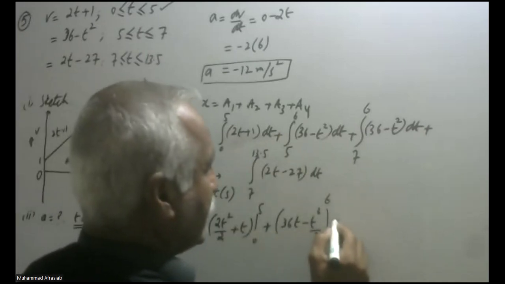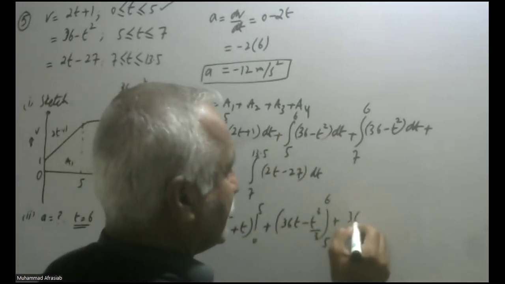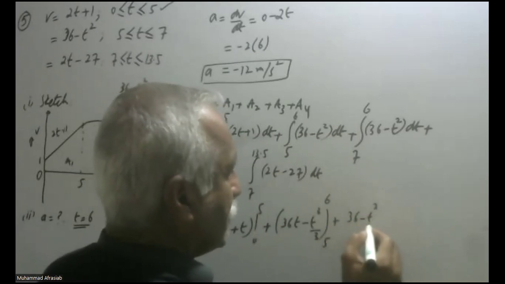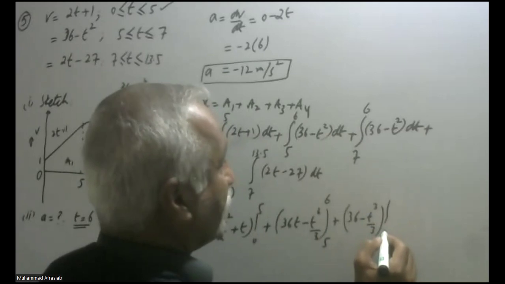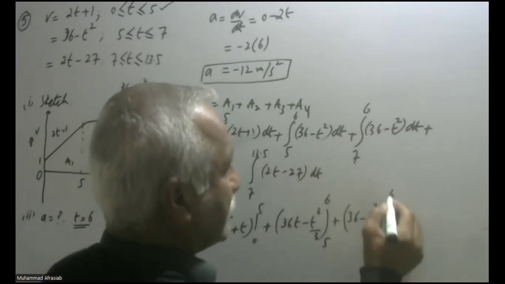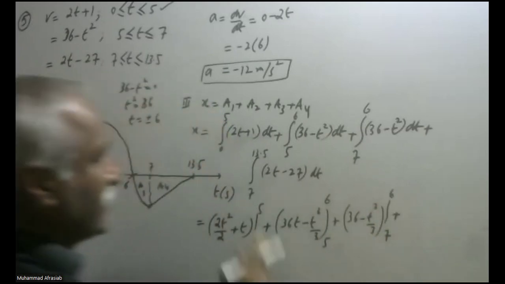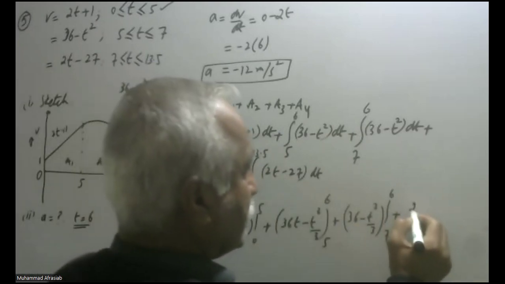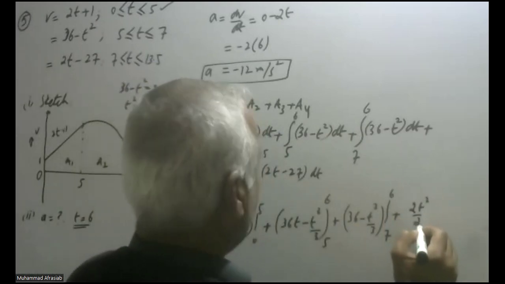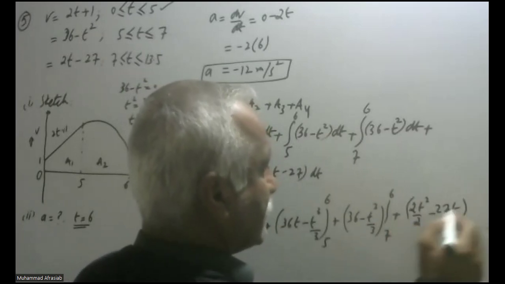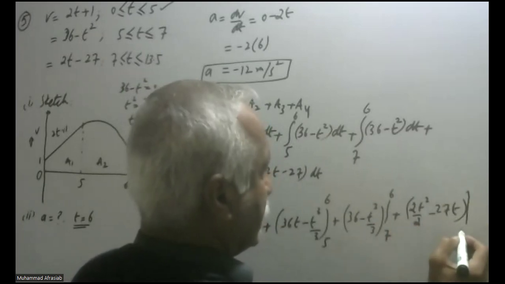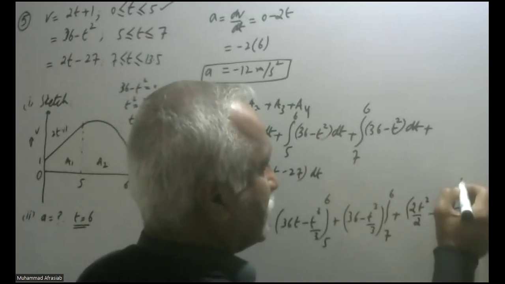Then for this curve, again 36t minus t cubed over 3, and the limits are from 7 to 6. And for the last part, it is 2t squared over 2 minus 27t, and the limits are 7 to 13.5.